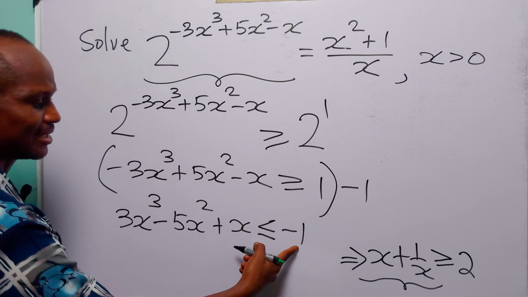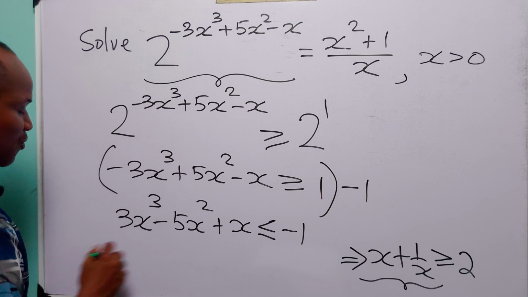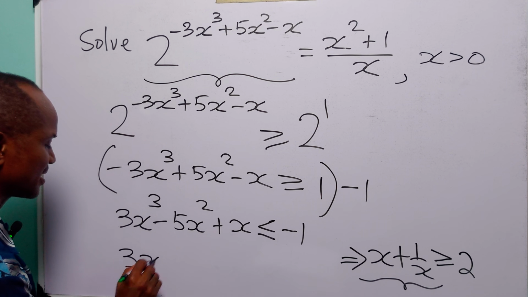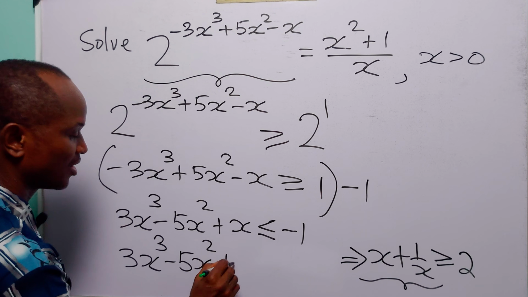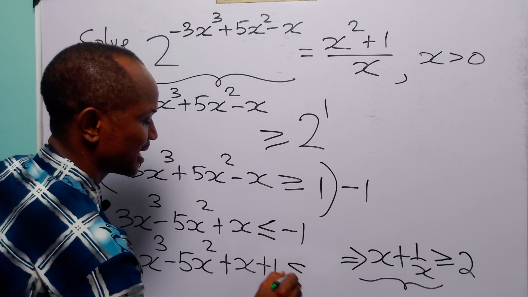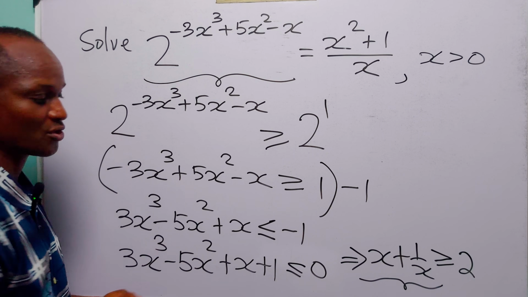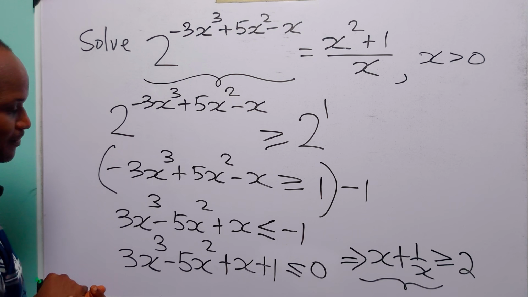Now, let us add 1 to both sides of this inequality. When we do that, we have that 3x cubed minus 5x squared plus x plus 1 must be less than or equal to 0, because of course minus 1 plus 1 is equal to 0.